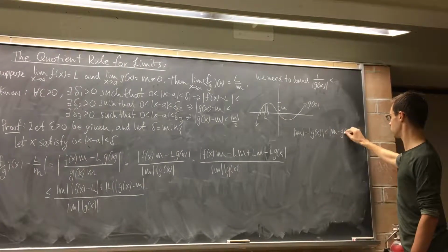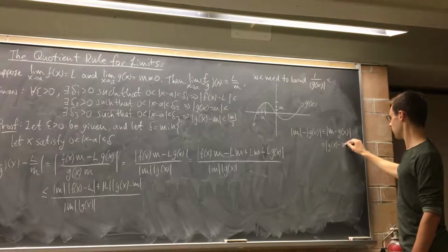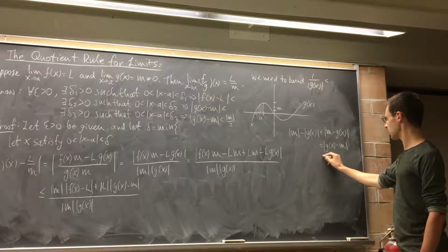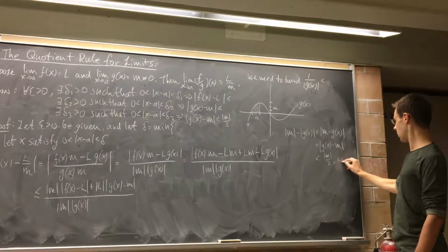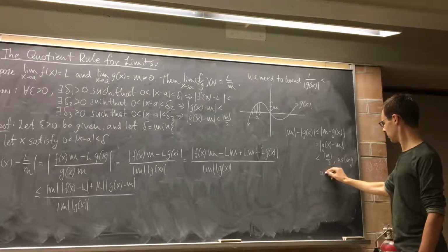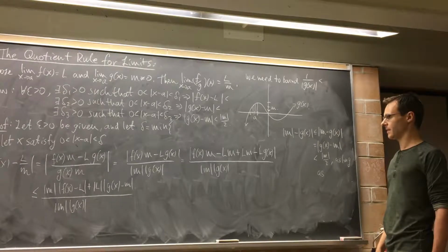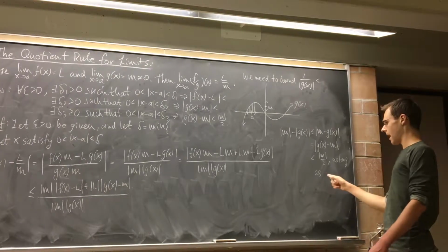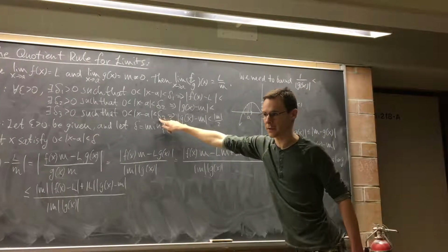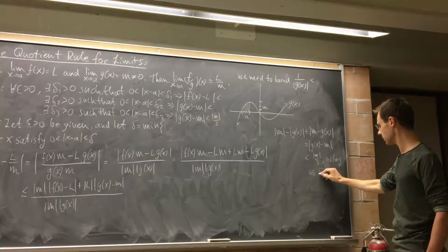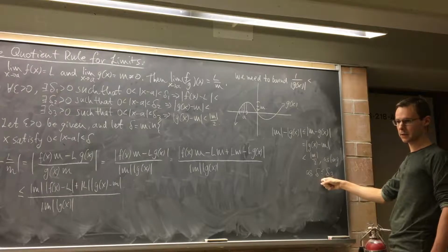This is abs m minus g of x, which is equal to abs g of x minus m, as we know, which is less than abs m over 2 as long as x comes from the delta 3 window around a. So as long as our delta is less than or equal to this delta 3, which we know exists. This is now our stipulation.